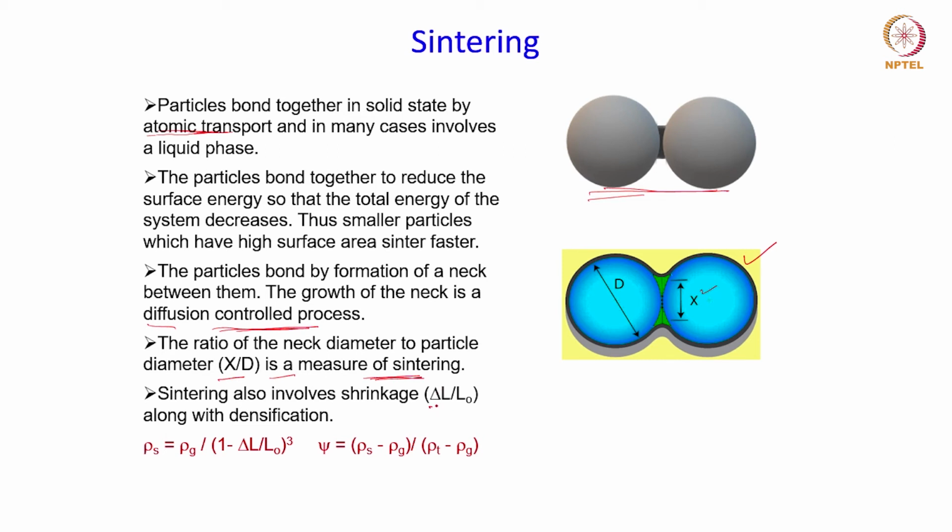Which is given by delta L by L naught, where delta L is the change in the dimension and L naught is the initial dimension. Okay, so this can be one of those dimensional parameters, for example the length. Okay, and this shrinkage is related to the sintered density rho s and the green density rho g with this equation.